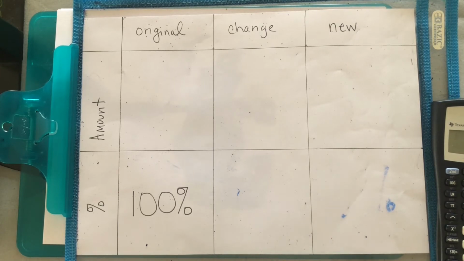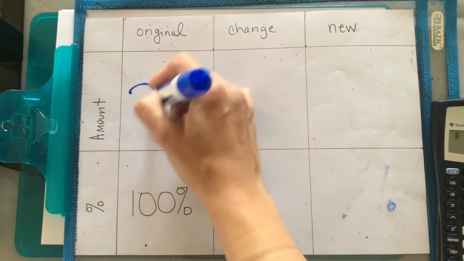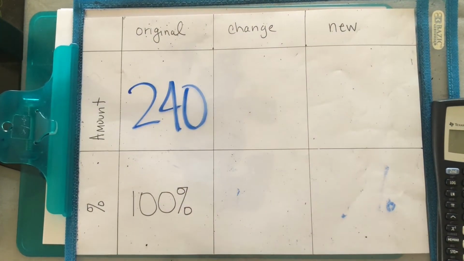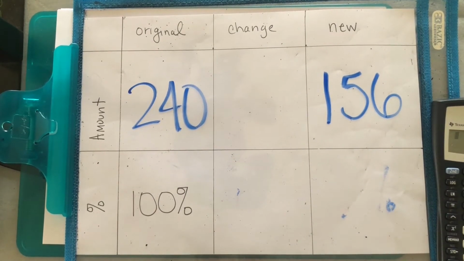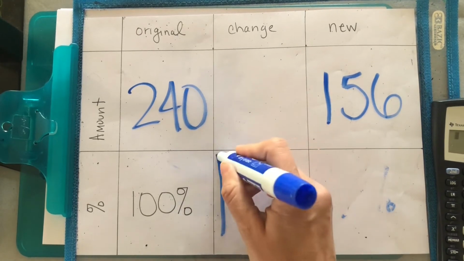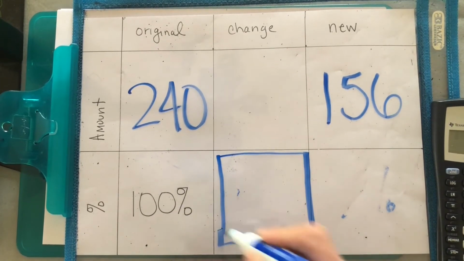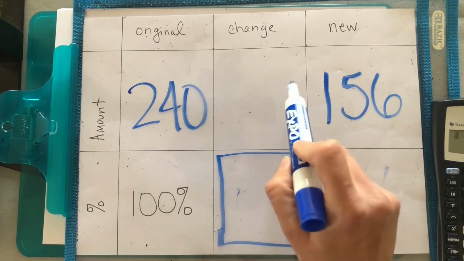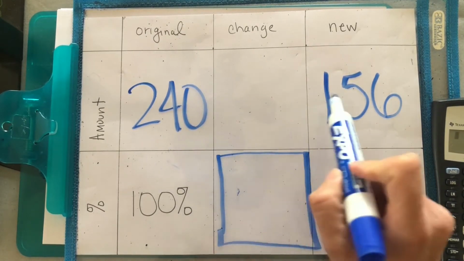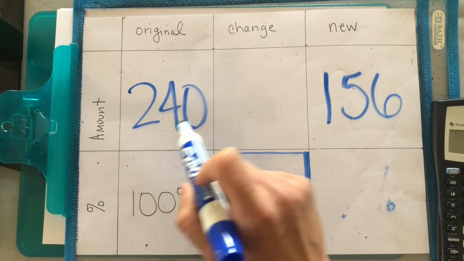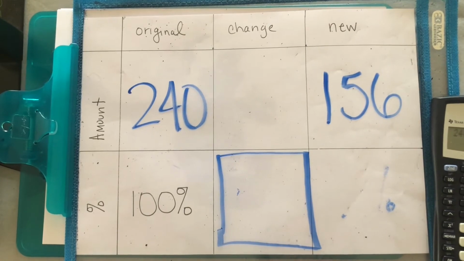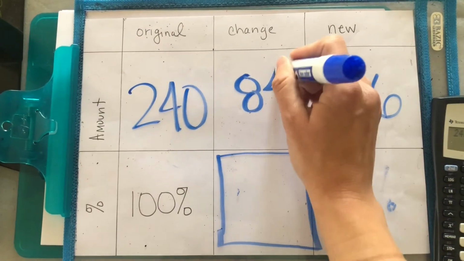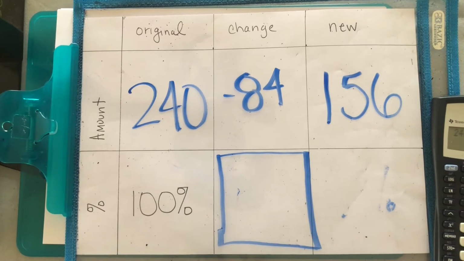So that implies that we had 240 leva originally, and then we went shopping, and at the end we had 156 leva. And the question asks, what was the percent change? So this is the amount we are eventually looking for. Now this box I can fill in because I know that if I started with $240 and ended with $156, that is a difference of $84. So I know that I spent $84.